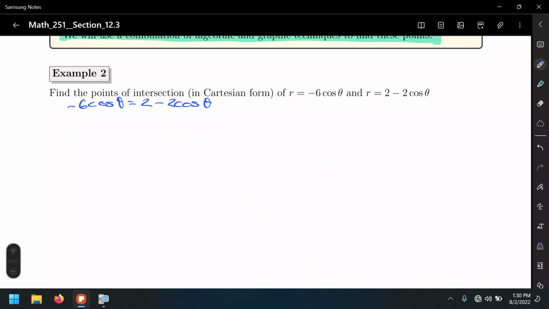Let's add 2 cosine on both sides to get -4 cosine theta equals 2. And cosine theta equals -2/4, which reduces to -1/2. So in this case, we're looking for angles whose cosine is -1/2.